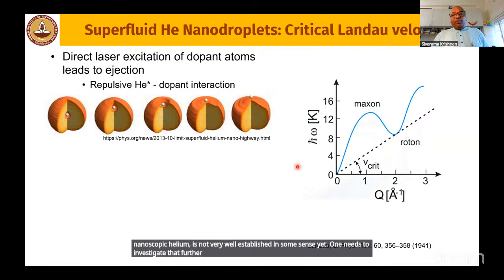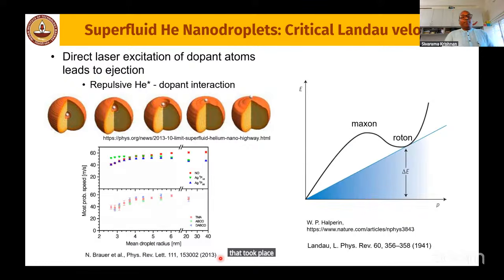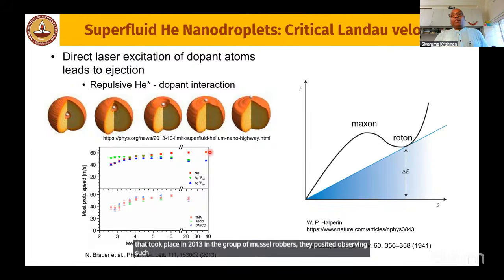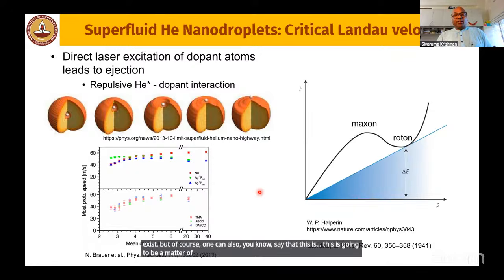But then in a beautiful experiment that took place in 2013 in the group of Marcel Drabels, they posited observing such a phenomenon where even in nanoscale helium droplets, a velocity limit like the critical Landau velocity exists. But of course, one can also say that this is going to be a matter of further investigation and research.